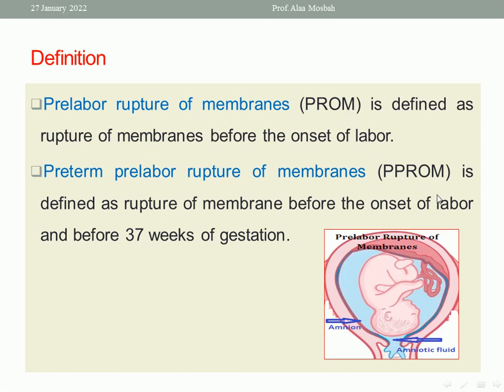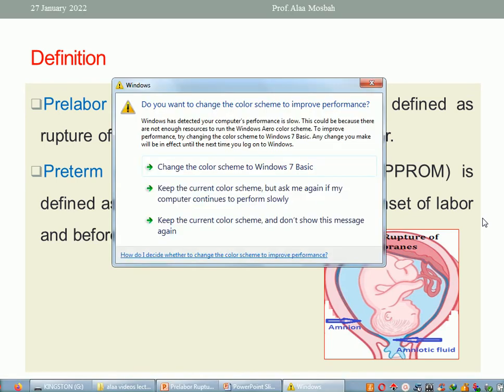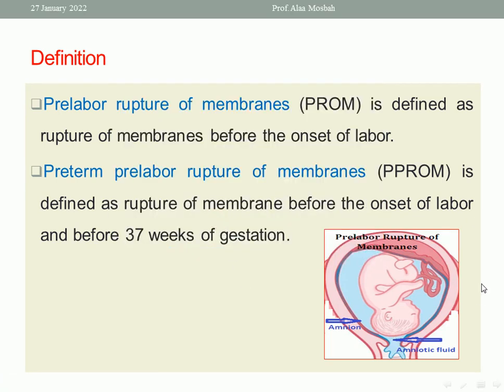When we say PPROM, we mean the membrane ruptured before labor and before term, before maturity of the baby. And all of us know that the maturity starts after 37 weeks gestational age. So before maturity means before 37 weeks gestation.